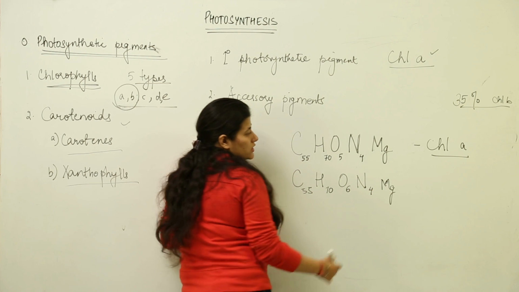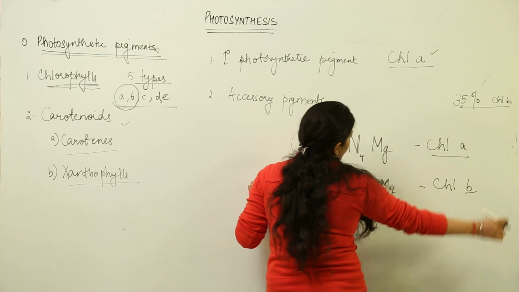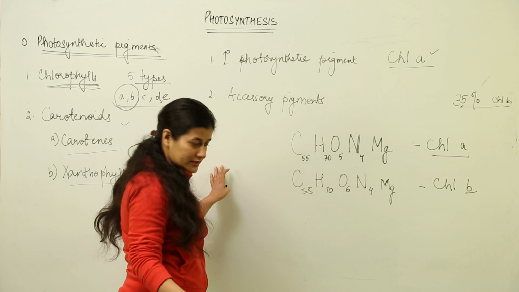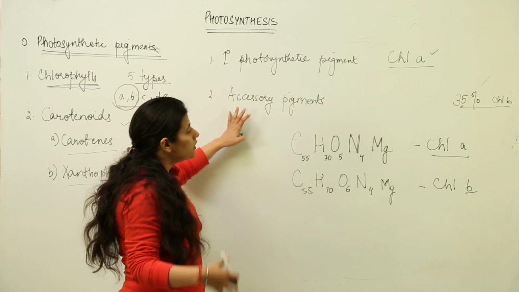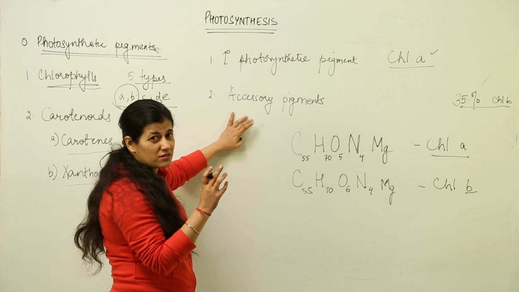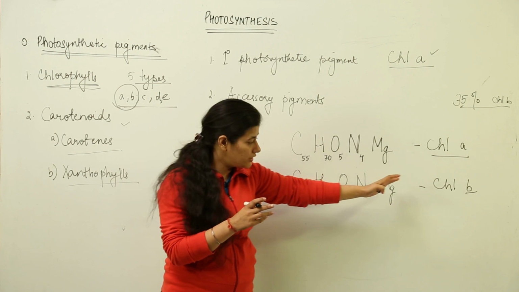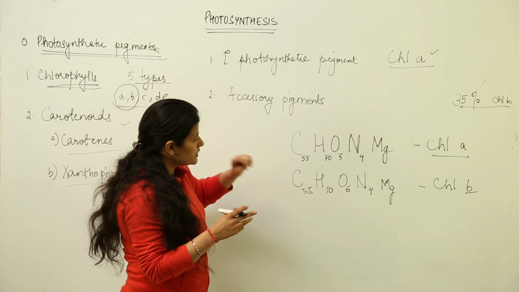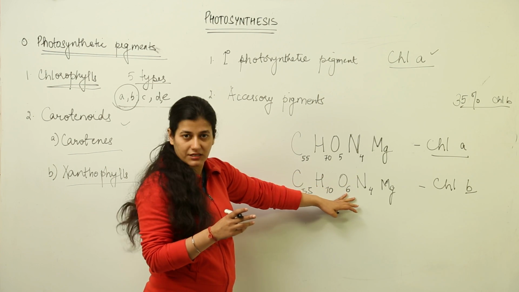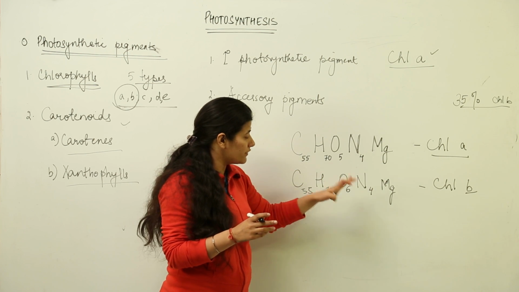Rest everything is similar. So this is chlorophyll B. Is it clear now? It is a little bit difficult to remember, so I hope the way we started with it, you can remember it. It is easy, and the only difference is 6. So 55, 72, 4 is what you have to remember.